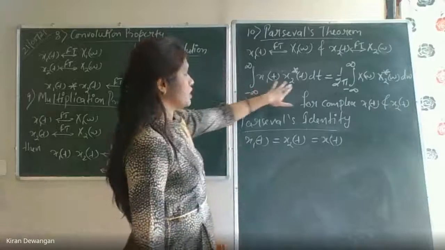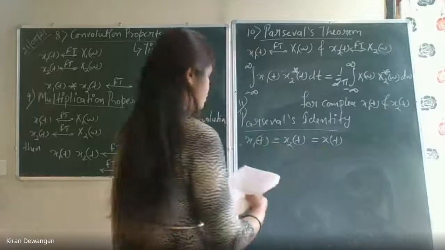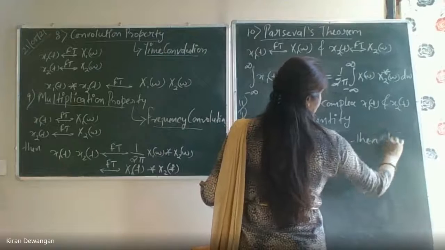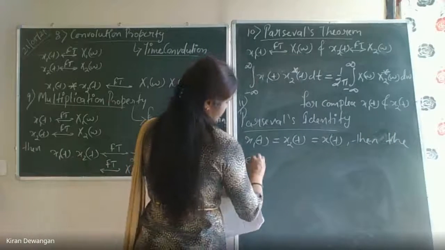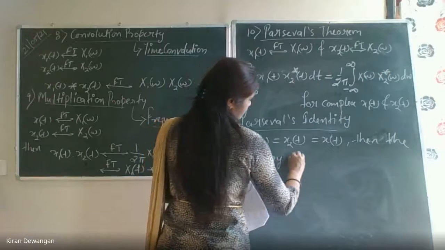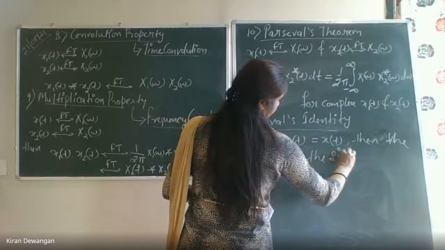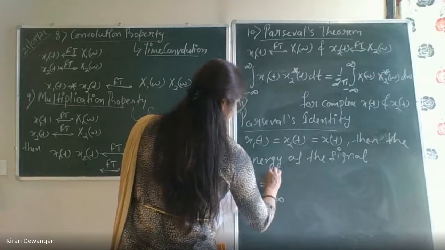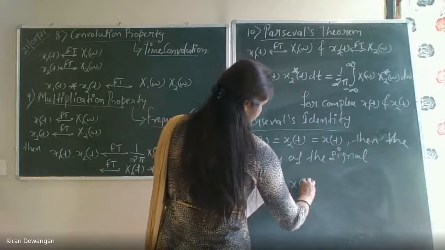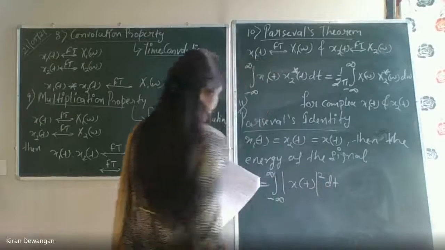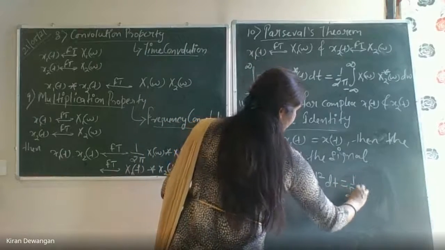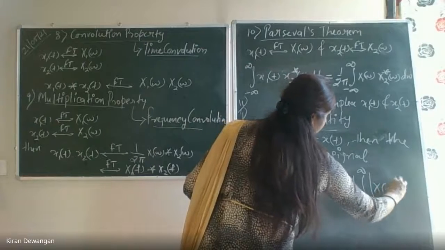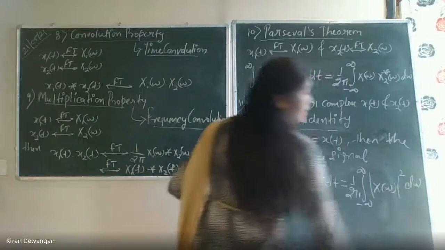If these two are the same, x1(t) and x2(t) are the same, and let it be equal to x(t), then the energy of the signal is given by E equals the integration from minus infinity to infinity of mod of x(t) squared dt, and this is equal to 1 by 2 pi integration from minus infinity to infinity of mod of X(omega) squared d omega. Okay?